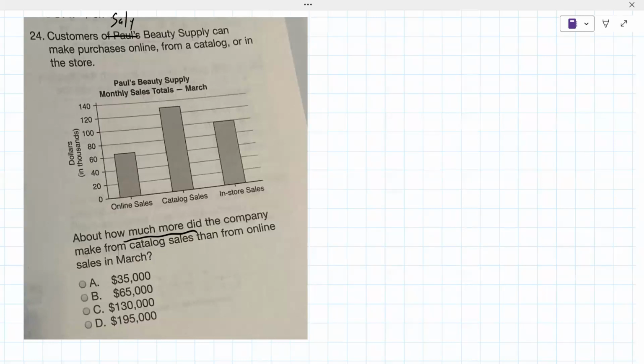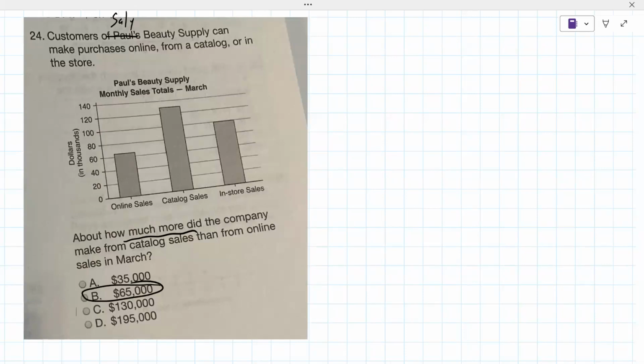The online sales would be about 65, not quite in the middle, and the catalog sales would be about 130. So 130 minus 65, about 65,000.